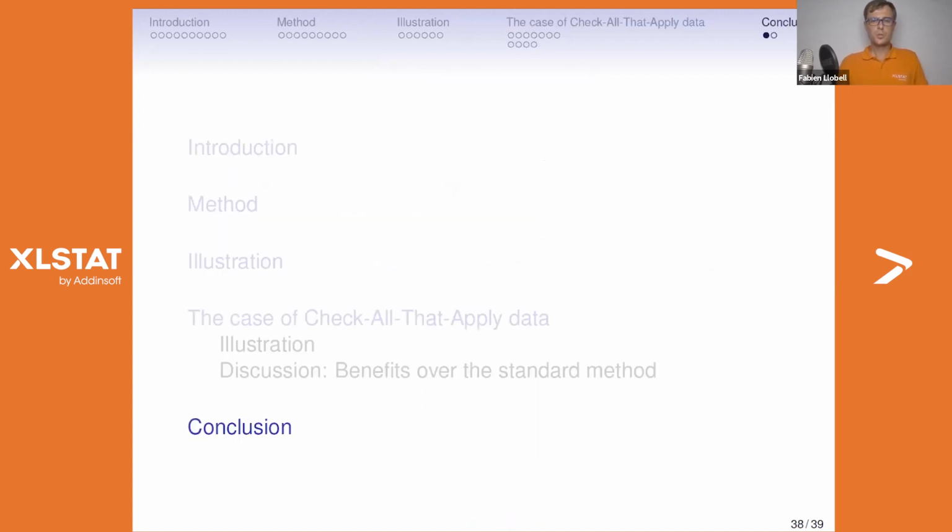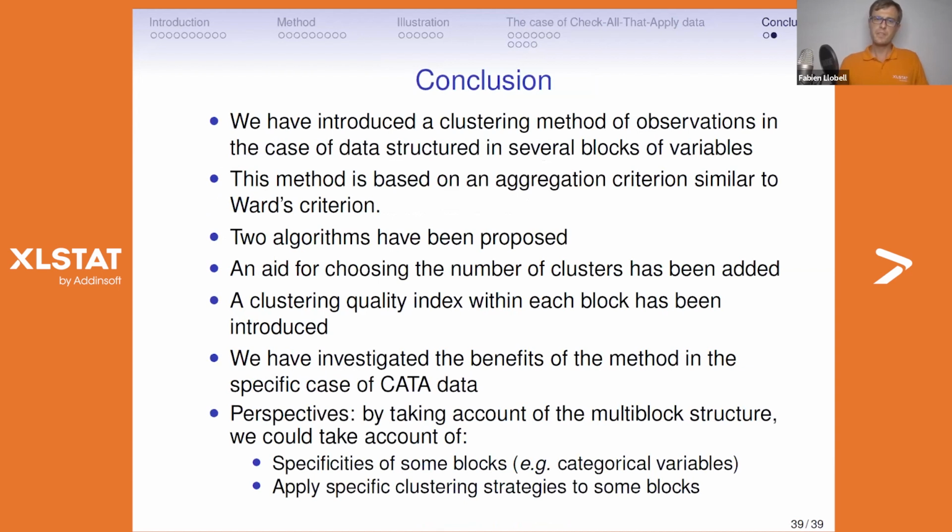So to conclude, we introduced a clustering method of observations in case of data structured in several blocks of variables, which is based on an aggregation criterion similar to the RV criterion, since we have shown that we define a reason cluster variation for the multi-block structure.